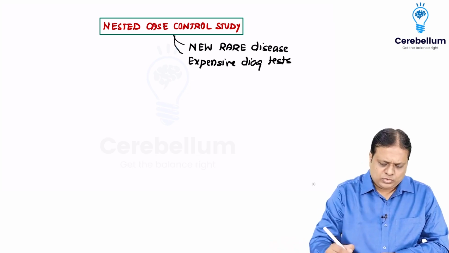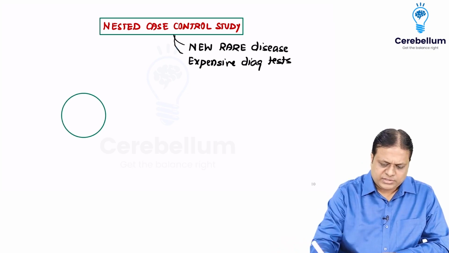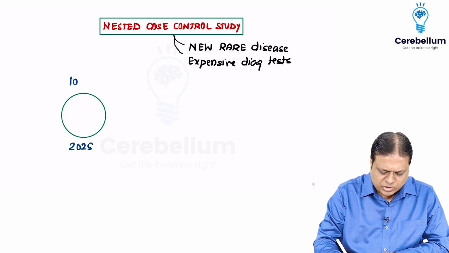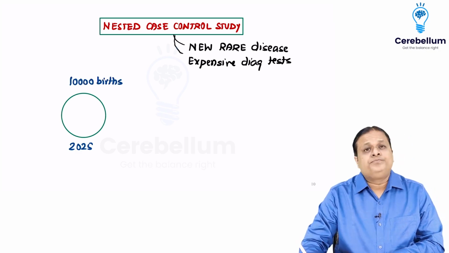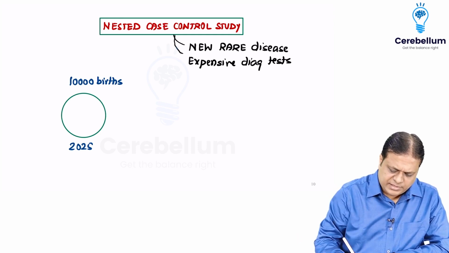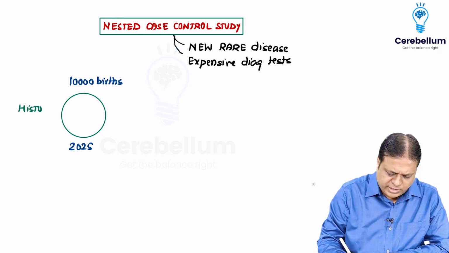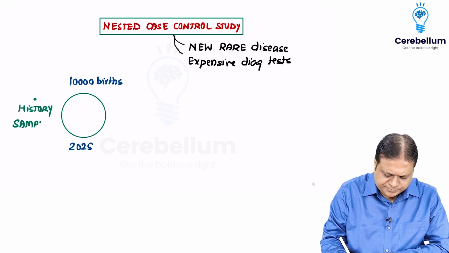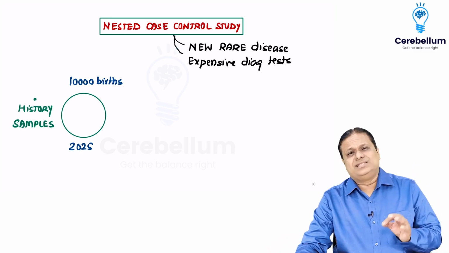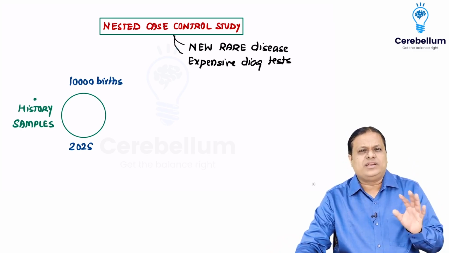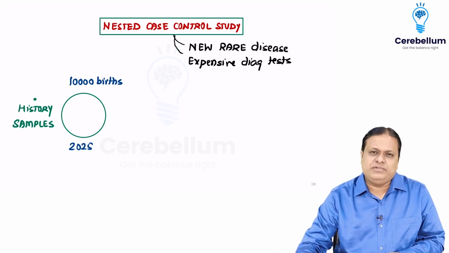We are in 2025. There are 10,000 births in your hospital. Healthy births. We take their history and store it in the computer, and we take their samples, blood, stem cell, urine samples or any other as per requirement, and store them in the refrigerator, frozen at -25 degrees.